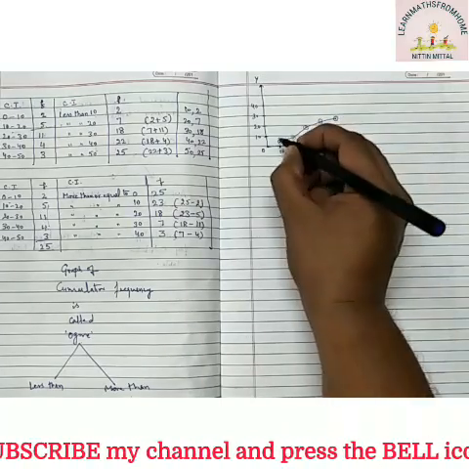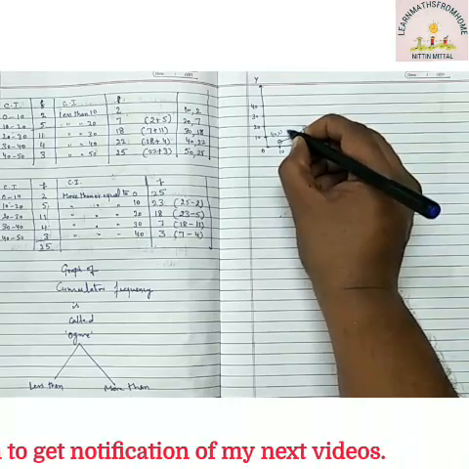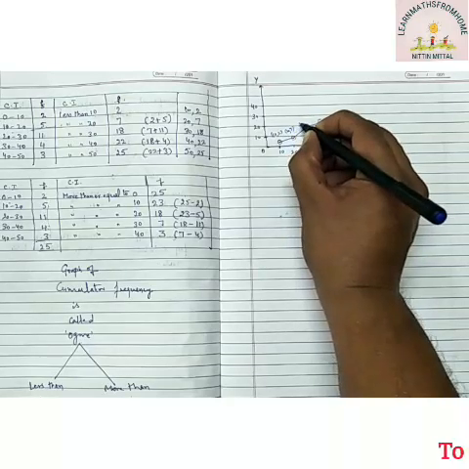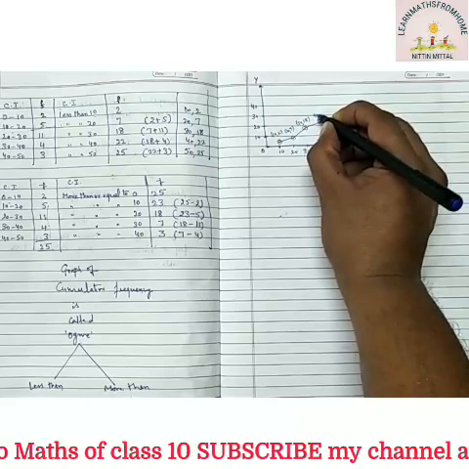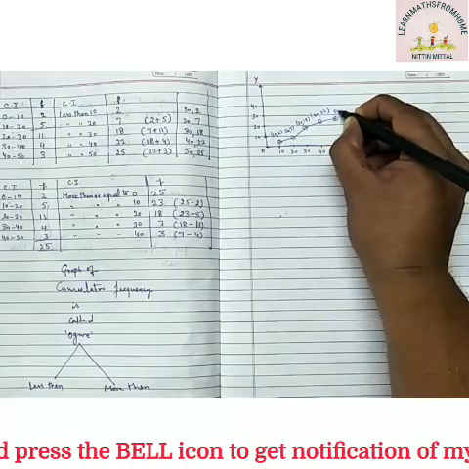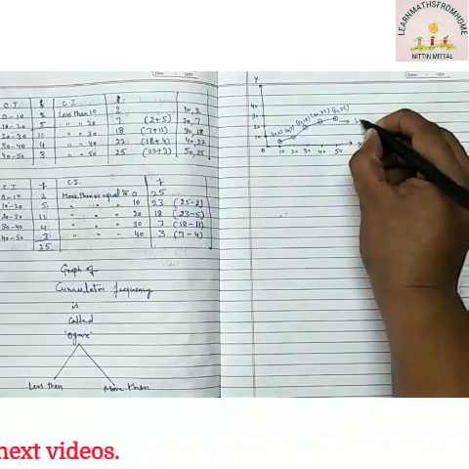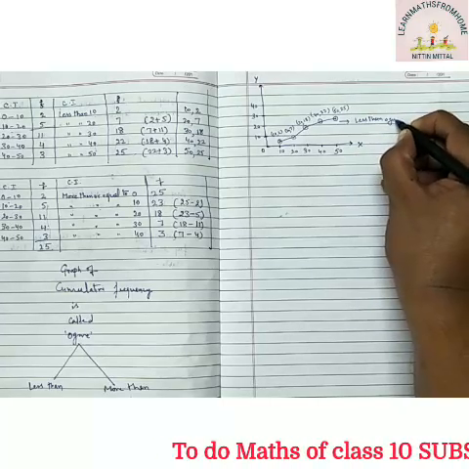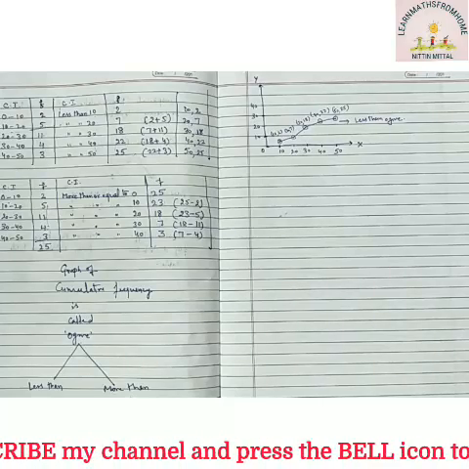You have to write the coordinate values here: 10, 2, 20, 7, 30, 18, 40, 22 and 50, 25. And here we will mention less than ogive.